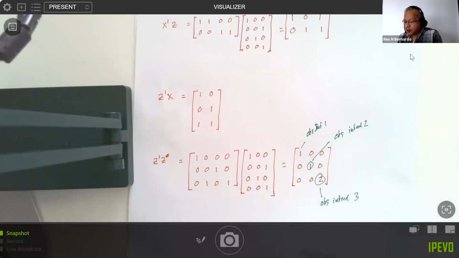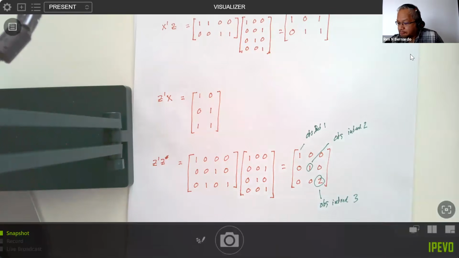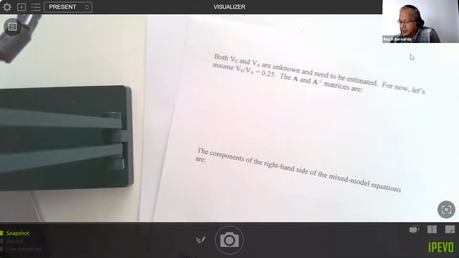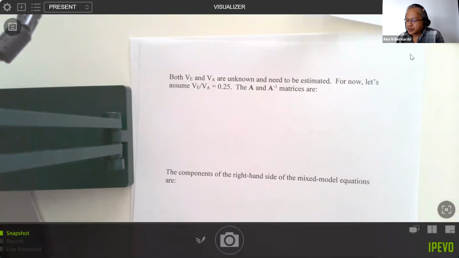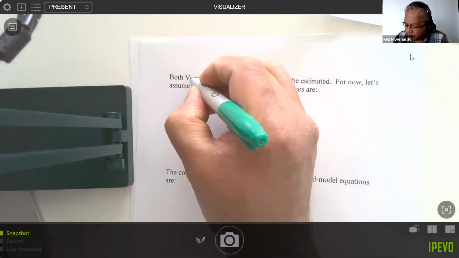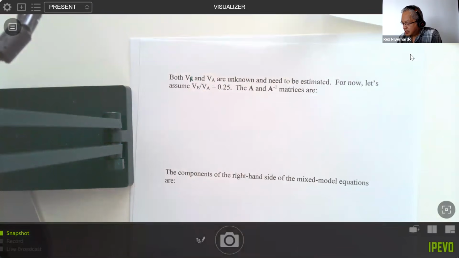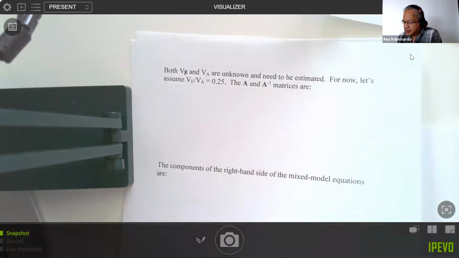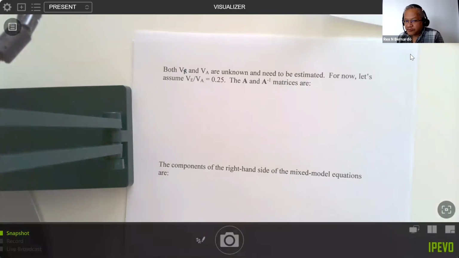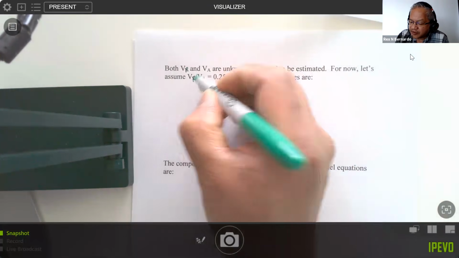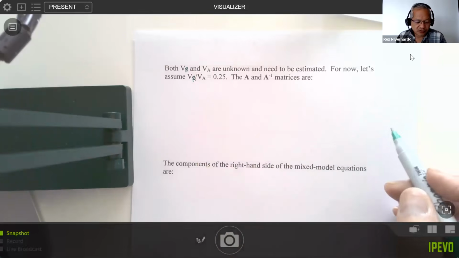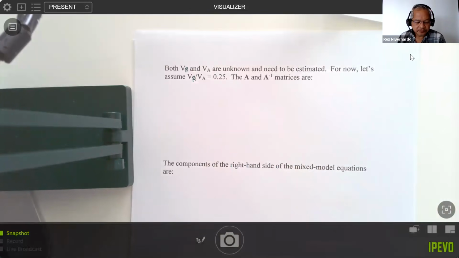Okay. Now, both VR and VE are unknown and they need to be estimated. I think I used VA earlier, I'm sorry. But for now, let's assume that we actually know the ratio of them, VE over VA, which is equal to 0.25.